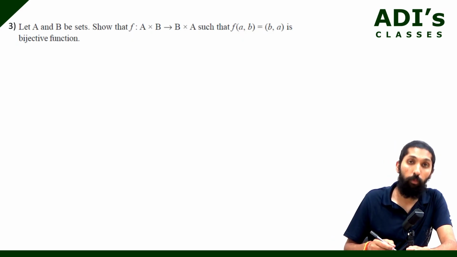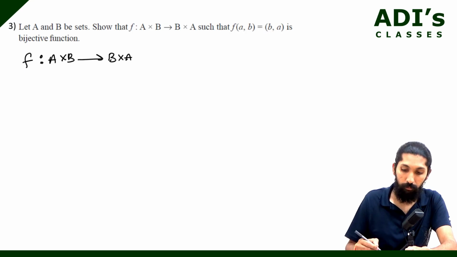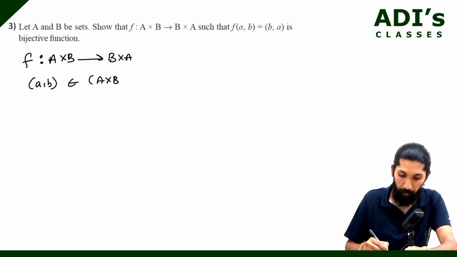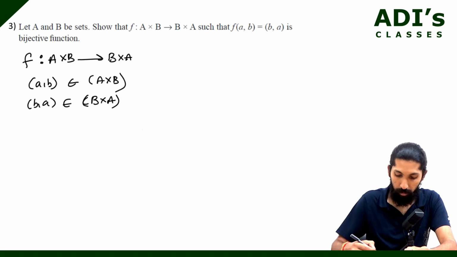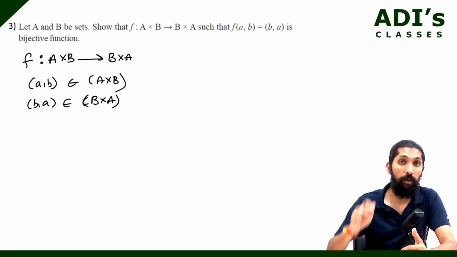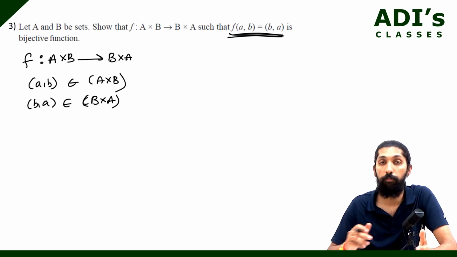Now what we have is a function f from A cross B to B cross A. Basically, (a, b) belongs to A cross B and (b, a) belongs to B cross A, isn't it? Because f is from A cross B to B cross A such that f of (a, b), see this is given to you. That's how we get to know what belongs to what.